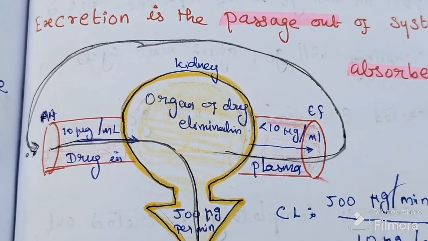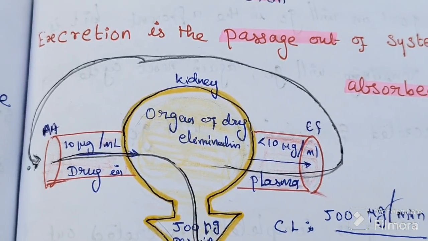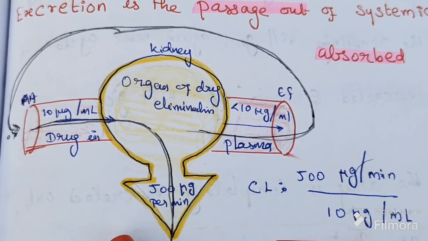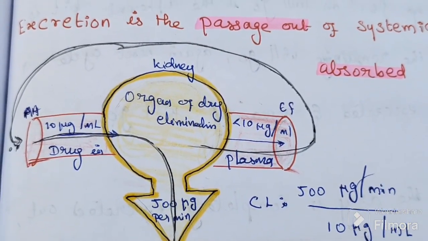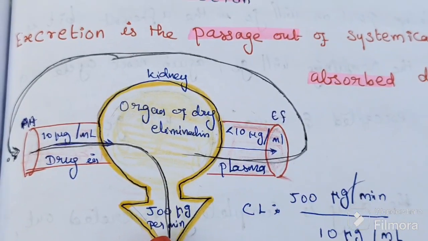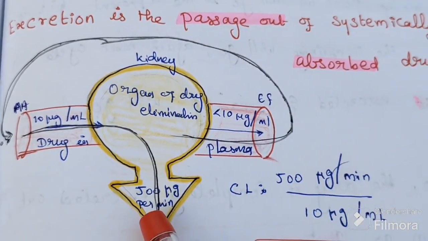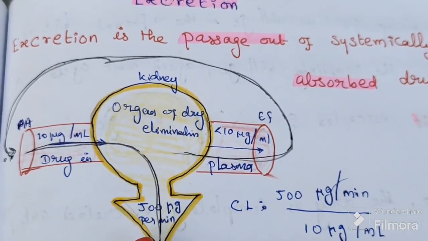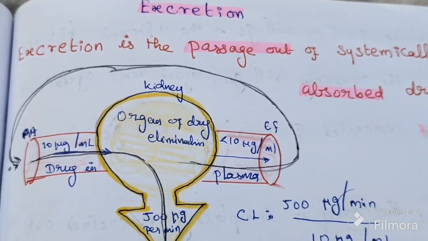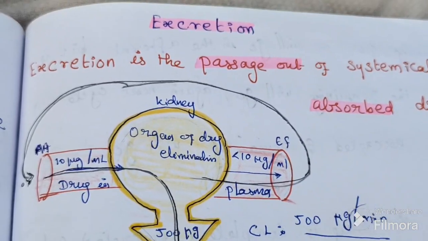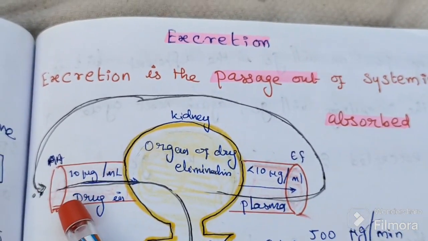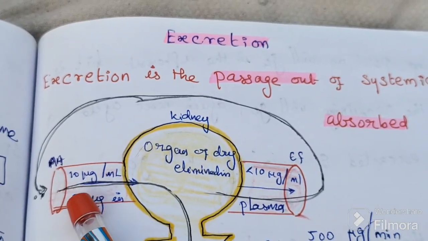What is the rate of elimination of the drug? Every minute 500 mg is excreted, and that is the rate of elimination, the value of R. Every minute this much is excreted. And what is the plasma concentration? Plasma concentration is 10 microgram.